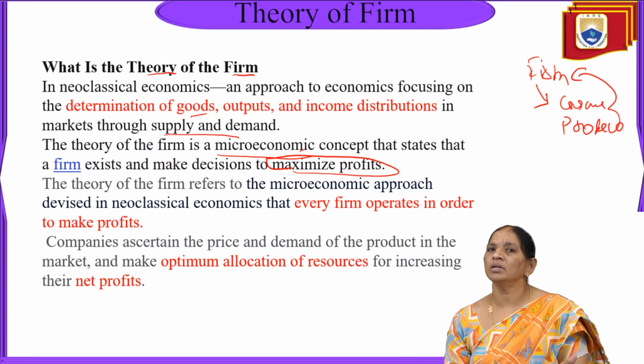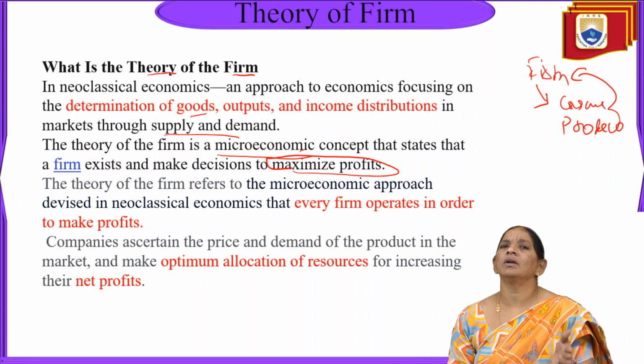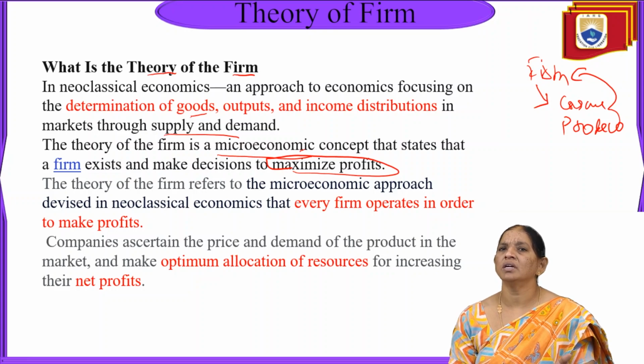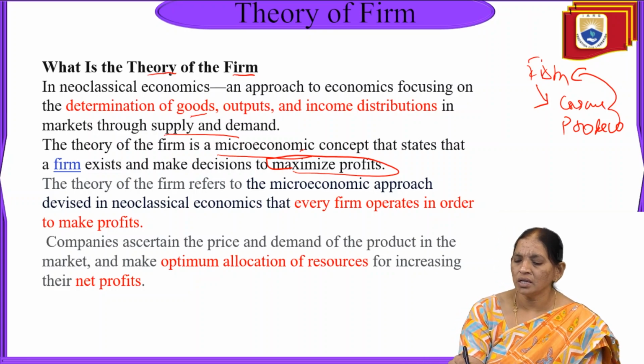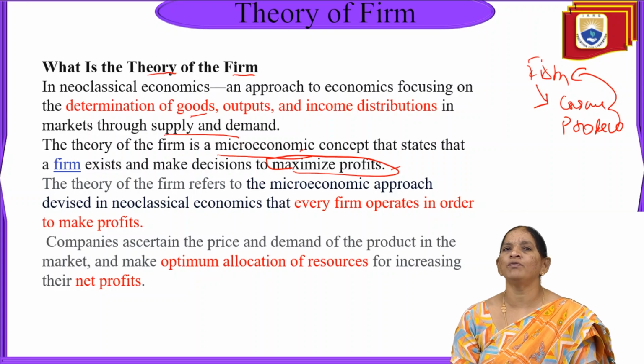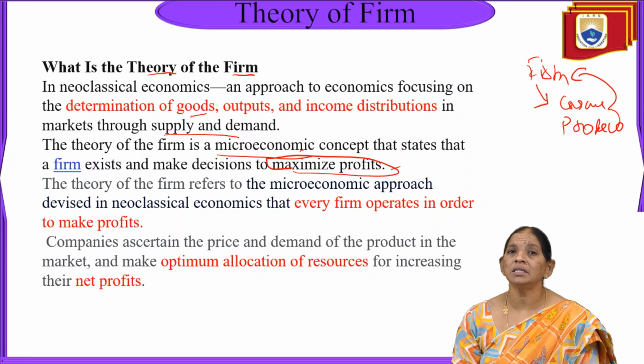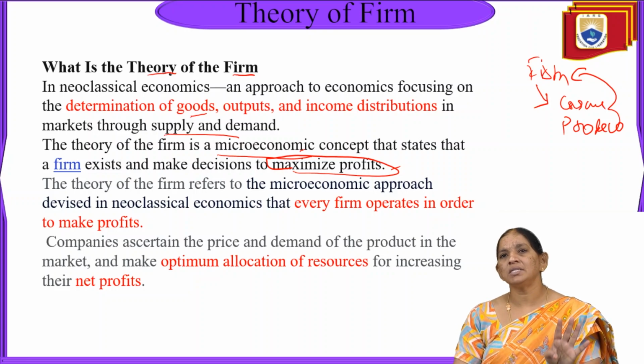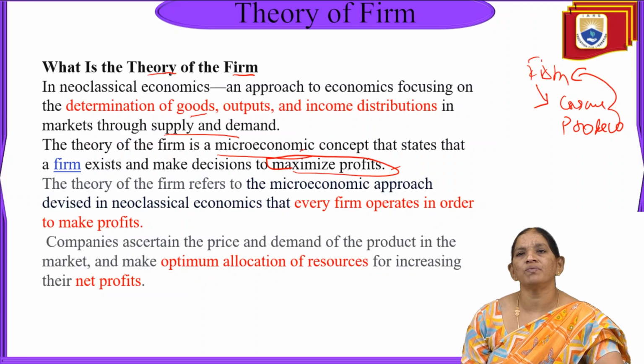Means why an organization or firm exists and what type of decisions it takes. The need is to get a good amount of profit. That is the main thing involved in the theory of the firm. So one is that it is a micro concept, and another is maximization of profits, which is important for this theory.